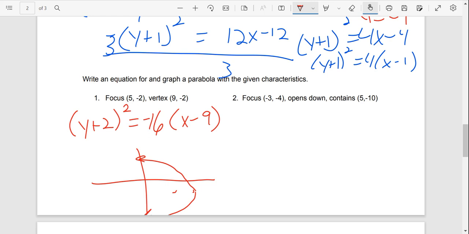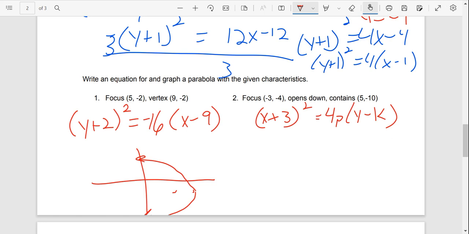Since it opens down, we know this is going to be an x squared problem. Not only that, since it's an x squared problem, what stays the same? The x value. So we know it's going to be x plus 3 right there. Now I don't know what k is yet. I don't know p. But we're going to find some of those things out.